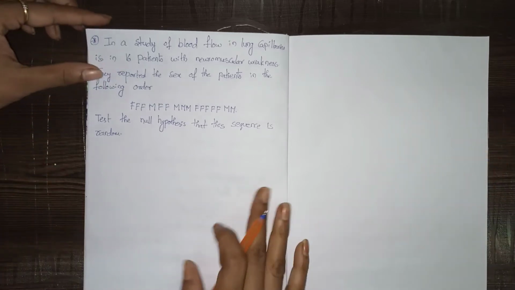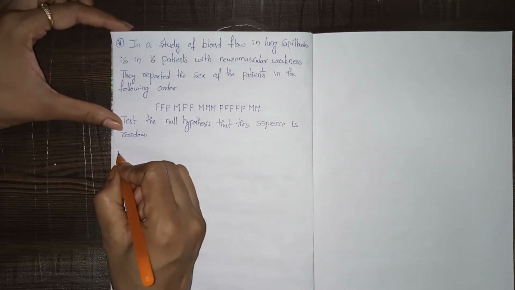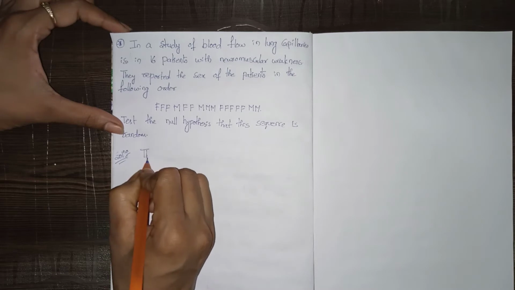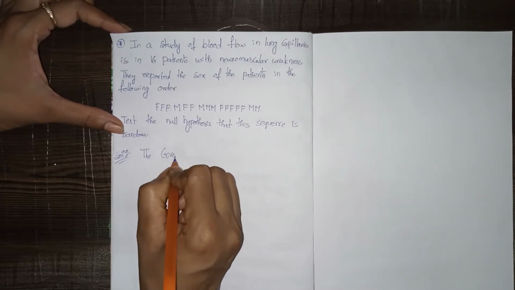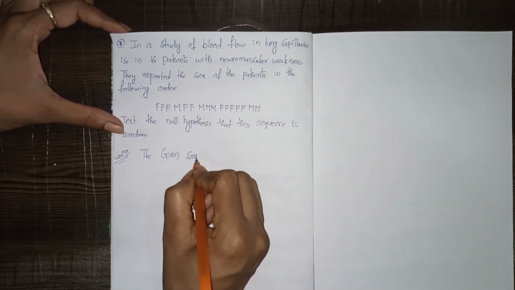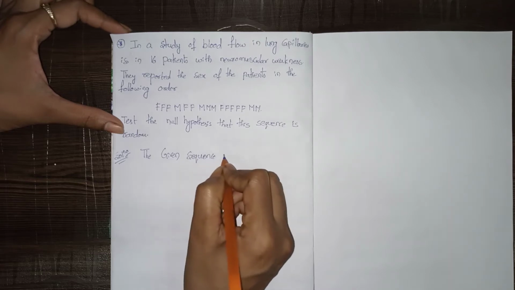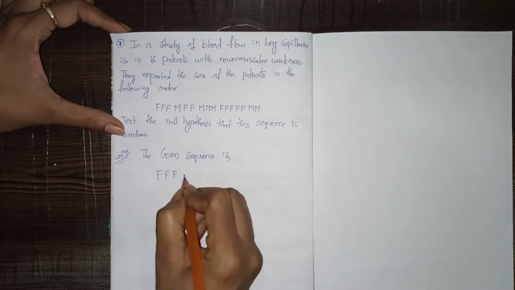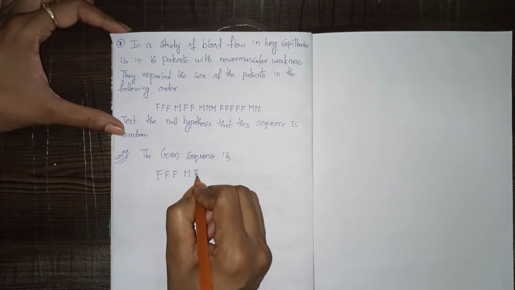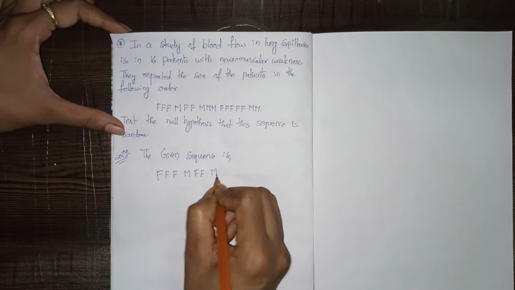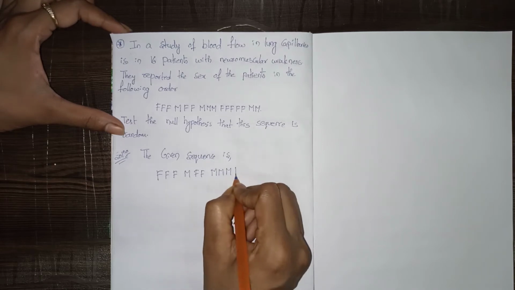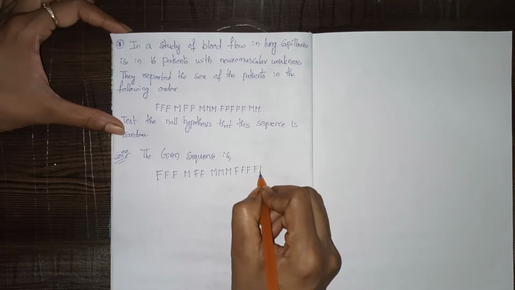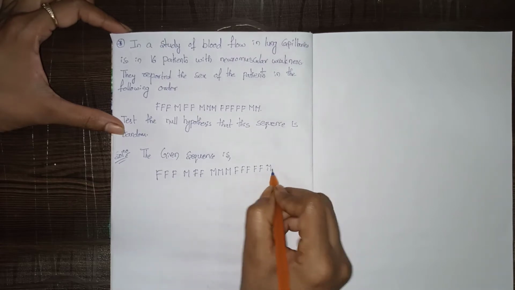So for that, first we are going to write the given sequence. The given sequence is F, F, F, M, that means male, female, again female, male, male, male, female, female, female, female, female, male, male.